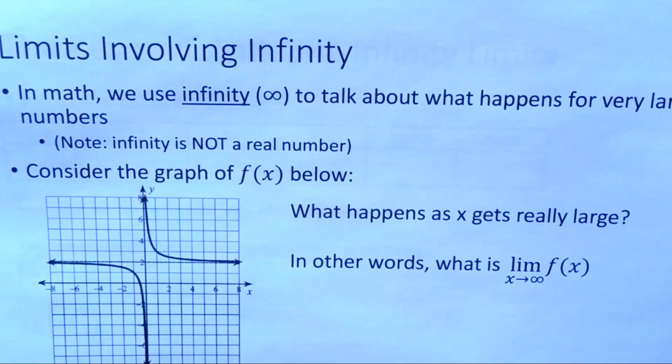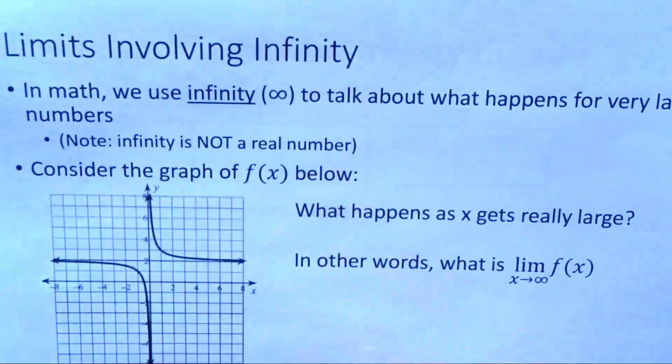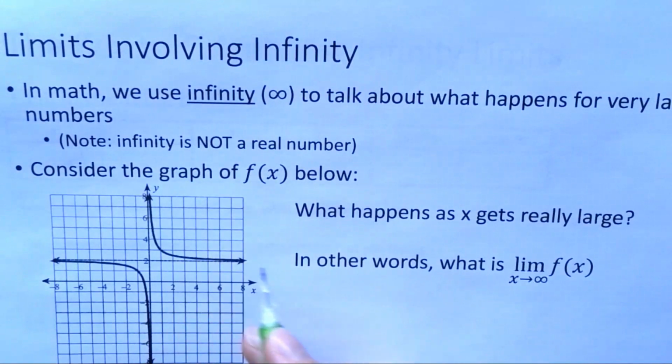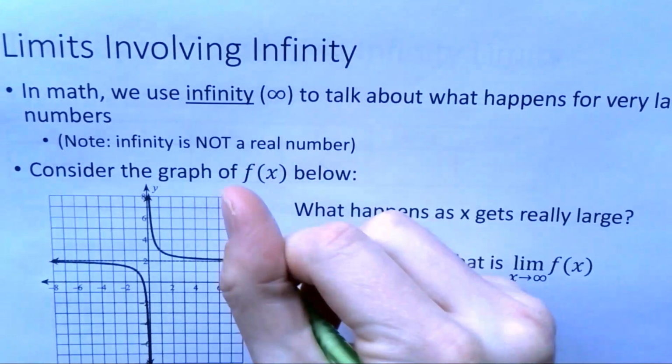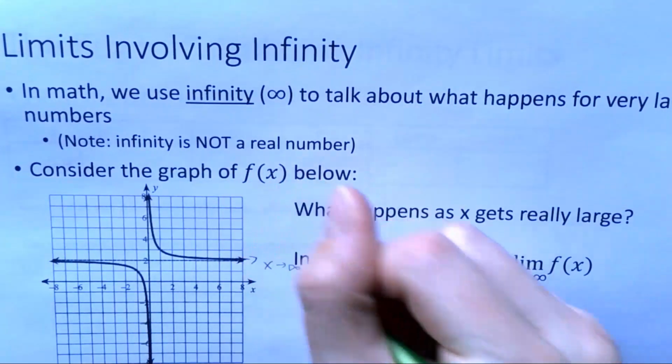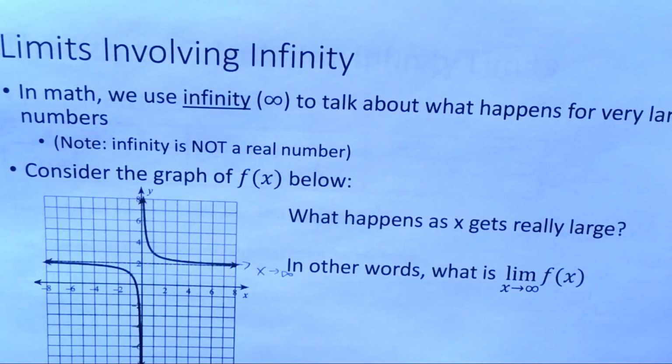So if we look at this graph, x going to infinity is on the far right. If we were to go over to the right forever, this would be where x approaches infinity.